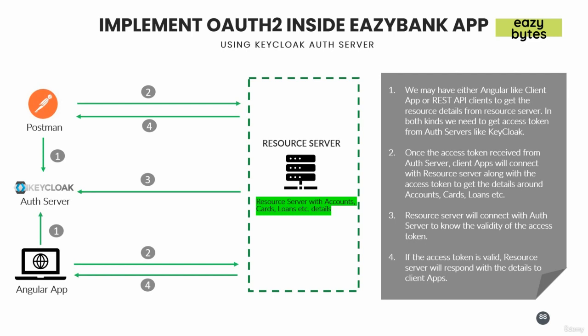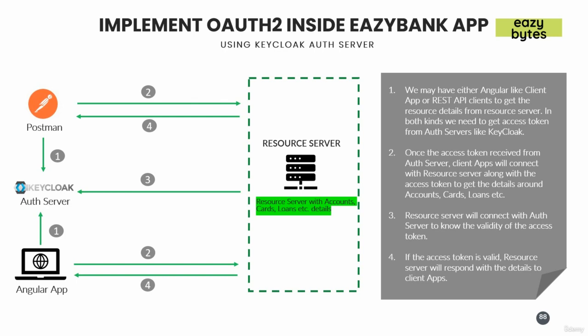Right now, if you recall our EazyBank application architecture, there is an Angular UI application where the user provides his username and password, and those credentials are passed on to a backend application, and Spring Security evaluates those credentials by using the values present inside the database.